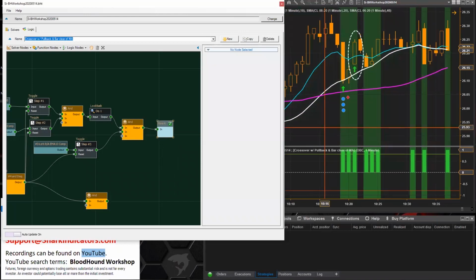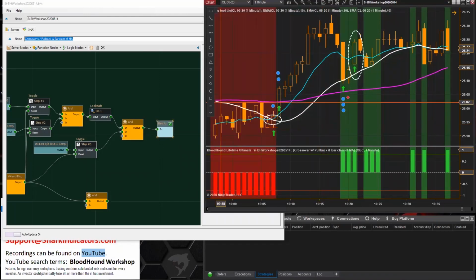So let's connect that in. We've taken the signal from step 2 and required that the step 3 bar be separate. So there's the step 3 bar.